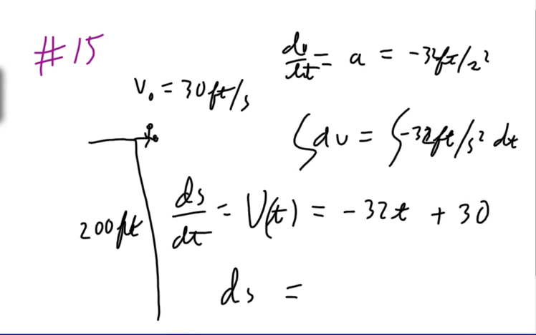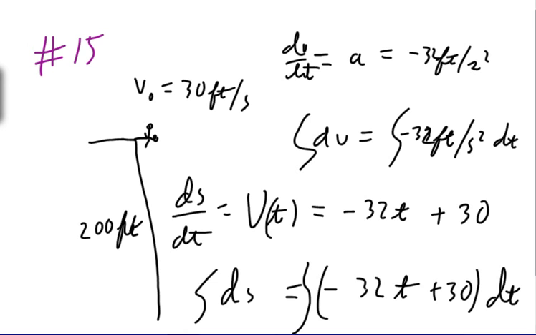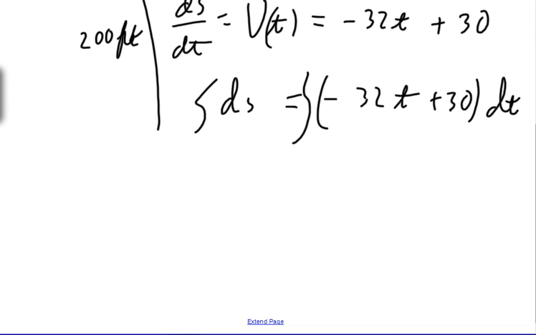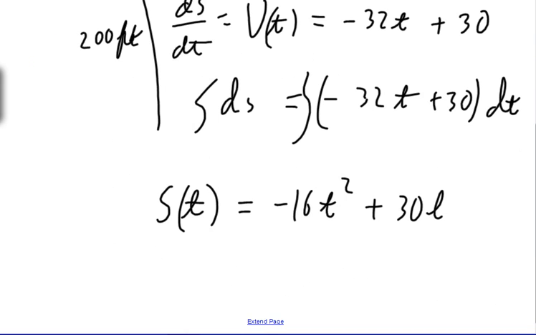Change in position is minus 32t plus 30 dt. I integrate both sides. I get that my position at time t is minus 16t squared plus 30t plus my initial position, 200. And so I've done that.